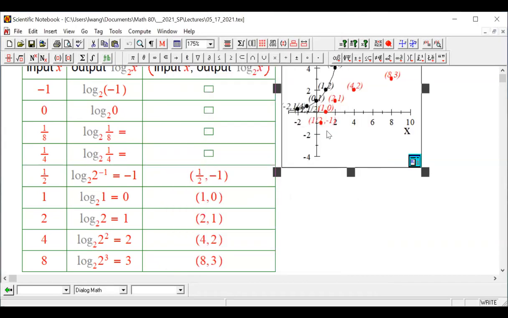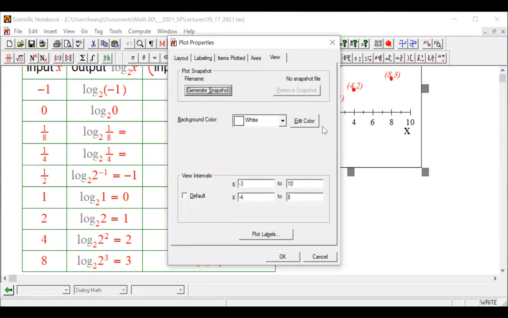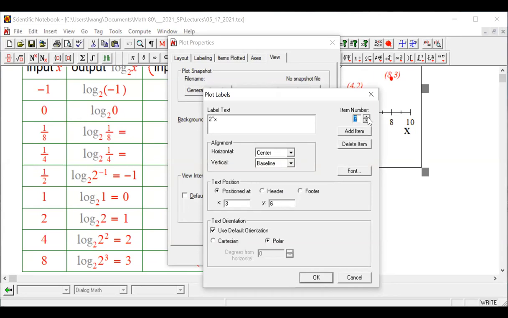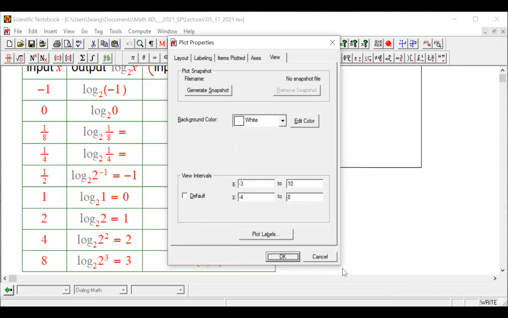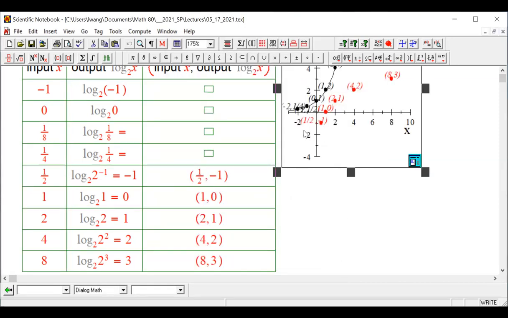I'm going to scoot that over a little bit, to see if that shows better.